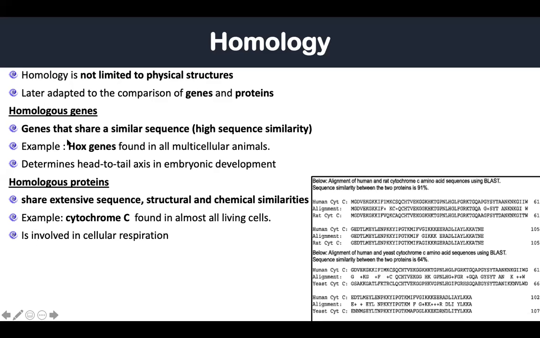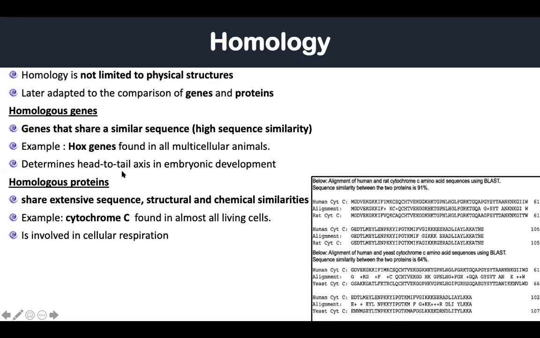So if you look at homologous genes, you're actually looking at genes that share a similar sequence, okay, which means they have high sequence similarity. So an example is Hox genes, which are found in all multicellular animals. And this gene determines the head to tail axis in embryonic development.